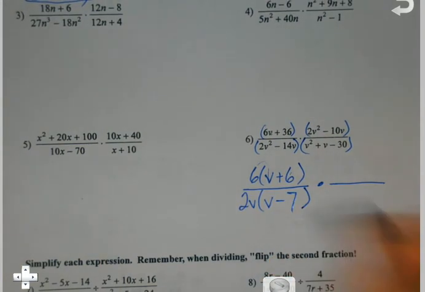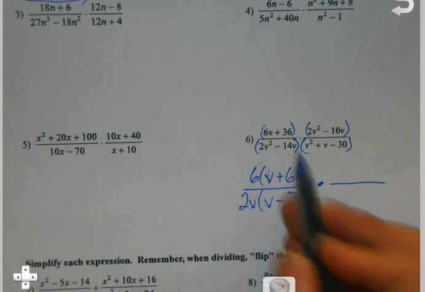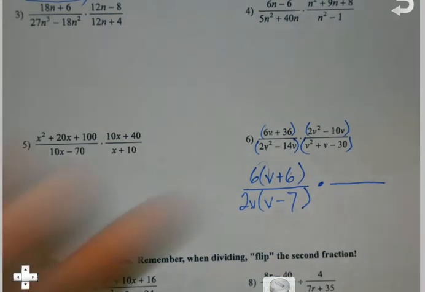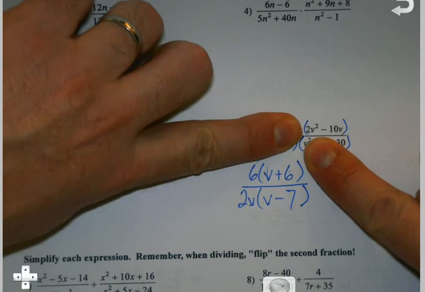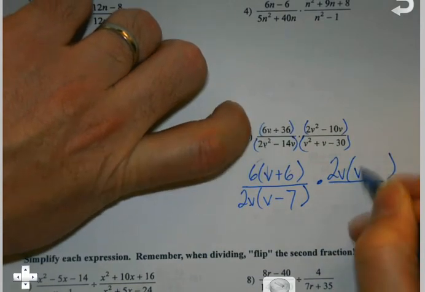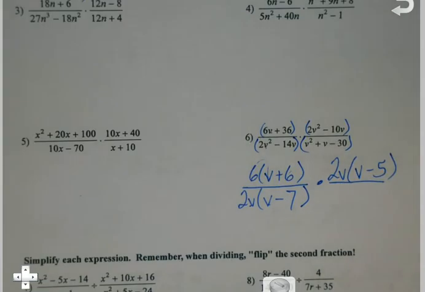V minus 7, because v times v is v squared. And over here, I've already got a v, and I only need 1, so I wouldn't want to use another one. So v minus 7, good. 2v. V minus 5. Ooh, we're on a roll.